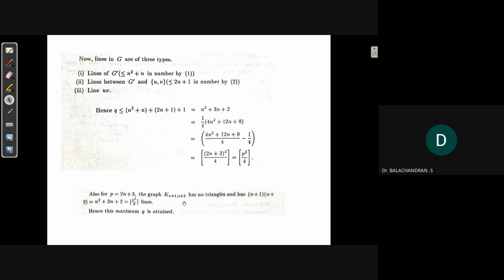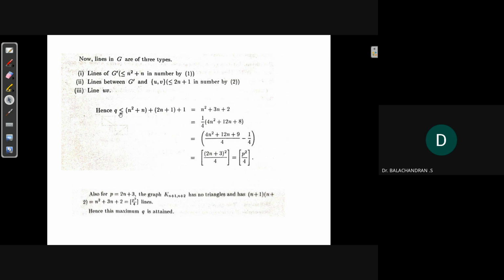So this graph does not contain a triangle and has n plus 1 into n plus 2 edges. So n plus 1 into n plus 2 is equal to n square plus 3n plus 2, which is nothing but p square by 4.